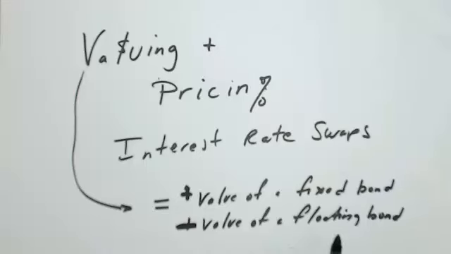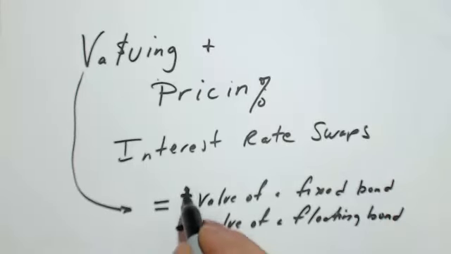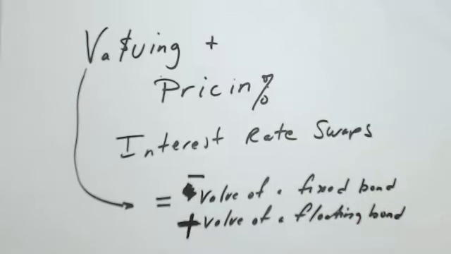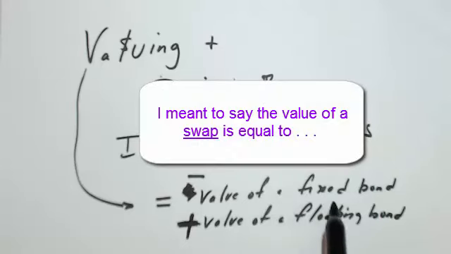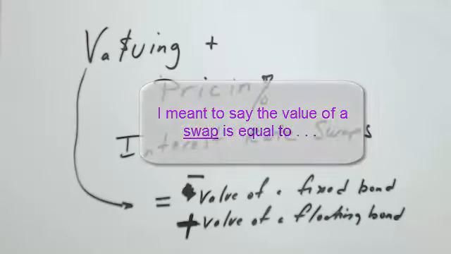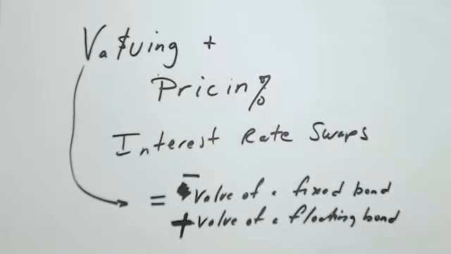If it's pay fixed, receive floating, you'd be short a fixed, and you'd be long the floating rate instrument. So the value of a swap is the value of a fixed rate bond plus the value of a floating rate bond, where the plus or minus depends on whether you're long or short.